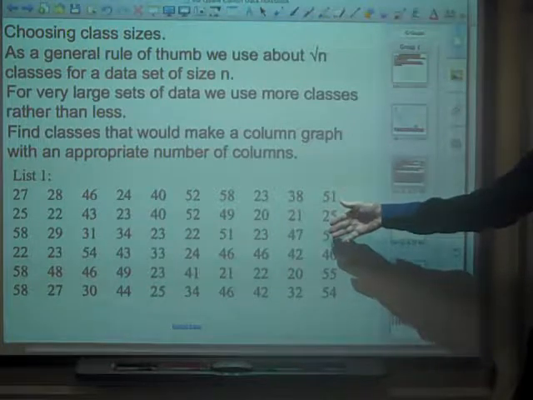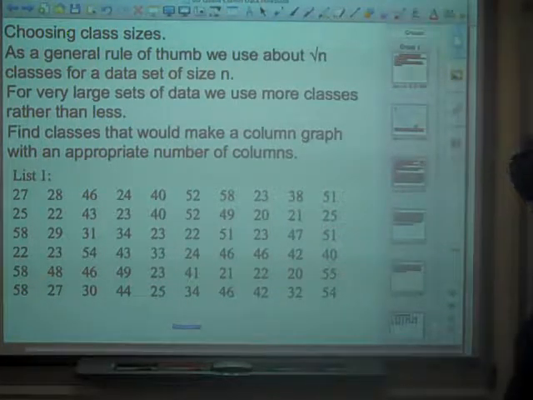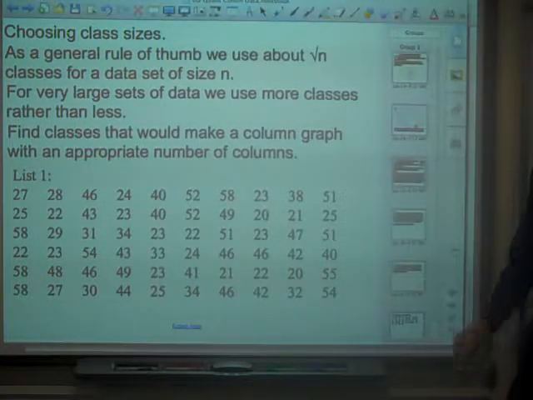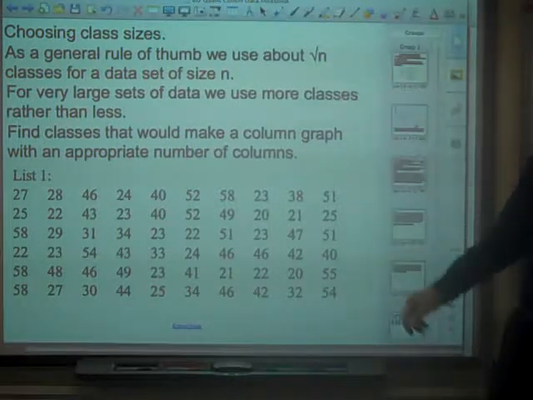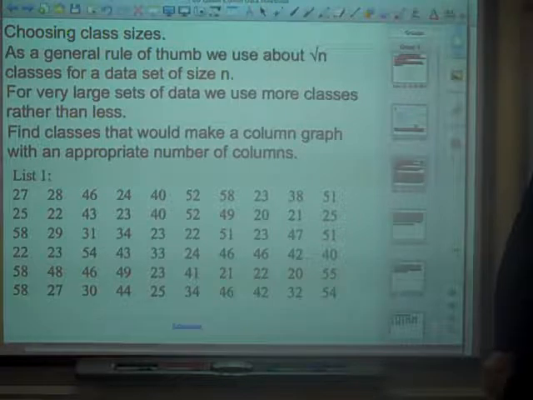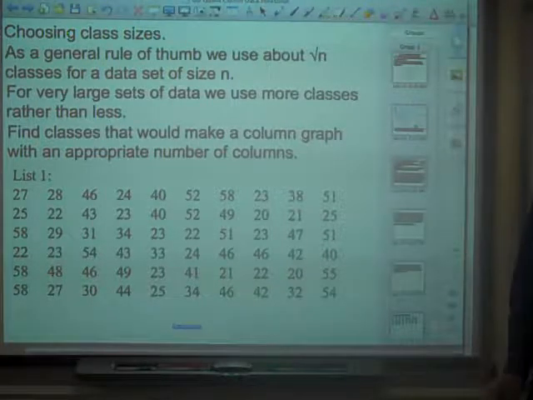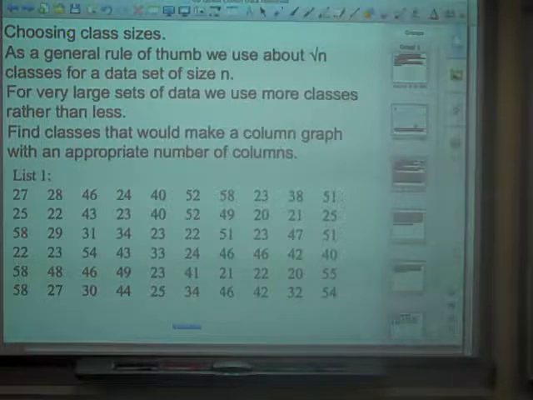This has 60 numbers. How many bars are you going to get for your bar chart out of 60 numbers? Find the square root of 60. It's about 7.7: 7 times 7 is 49, 8 times 8 is 64. So 7 or 8 groups.